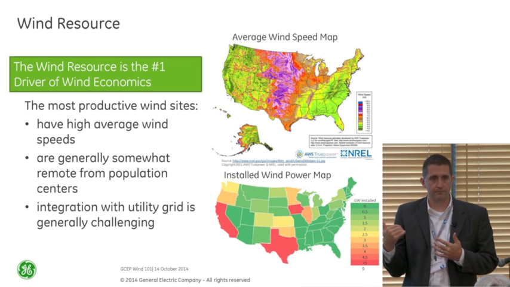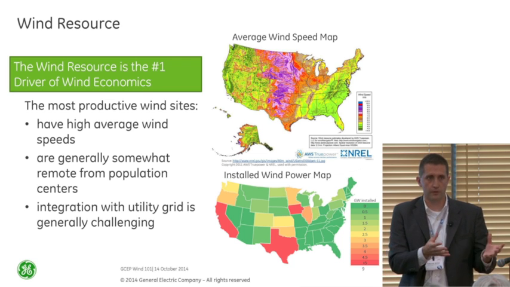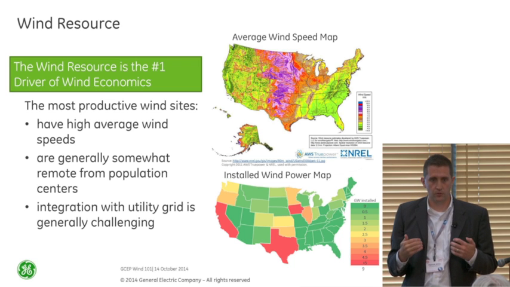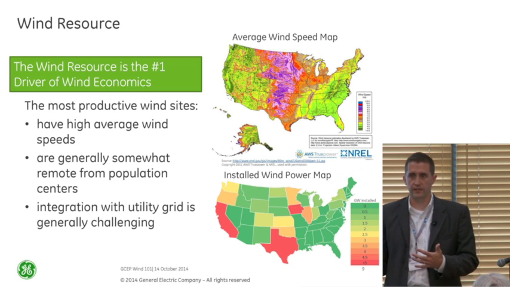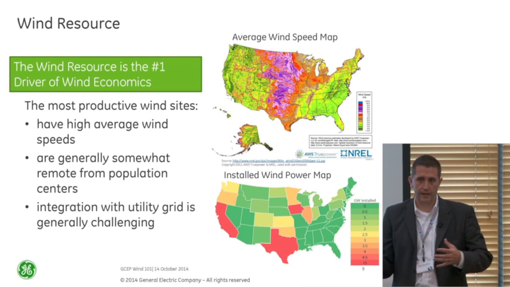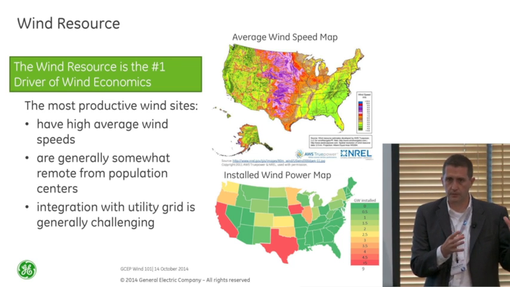One, they have a lot of manufacturing capability in those states, so there are a lot of blade manufacturers there that GE purchases some blades from. So if I'm a representative of that state and I want to make sure that wind goes in, I've got all these jobs that are created here, and now I can also supplement that by adding energy as well. It becomes a really nice thing.